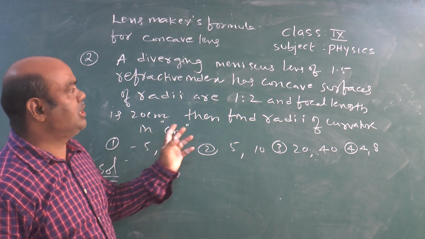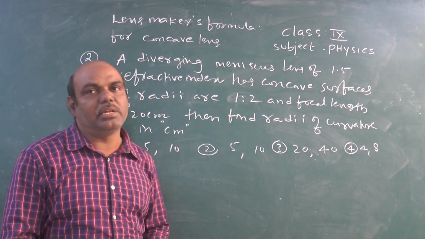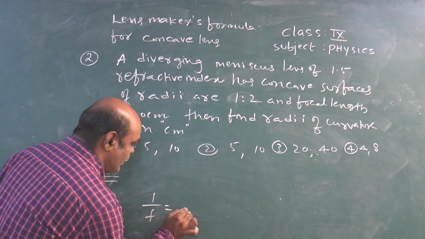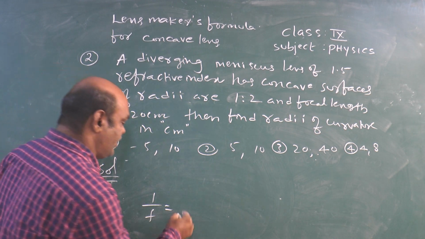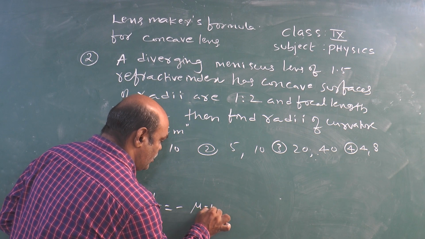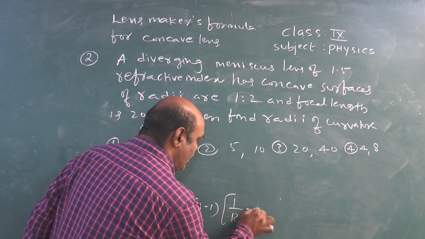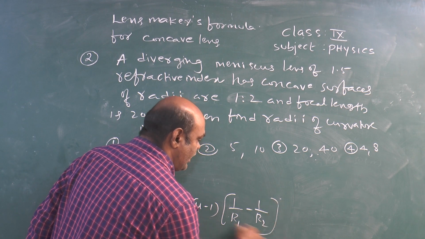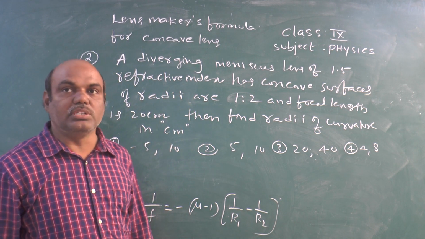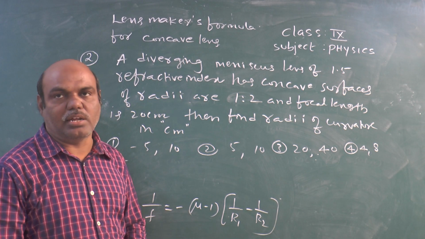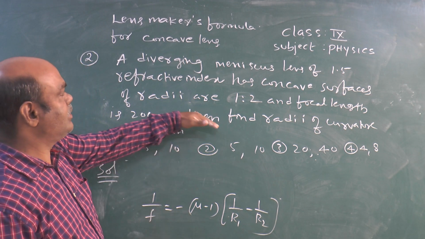So a diverging meniscus, what is the focal length formula? I explained: 1 by f equal to minus of mu minus 1 into 1 by r1 minus 1 by r2. So in this the condition is r1 is less than r2. So already given like that only.